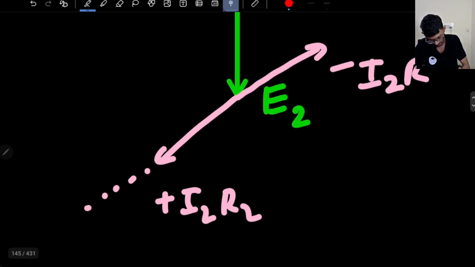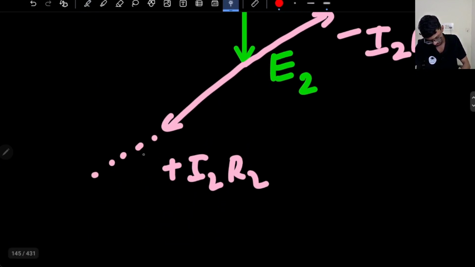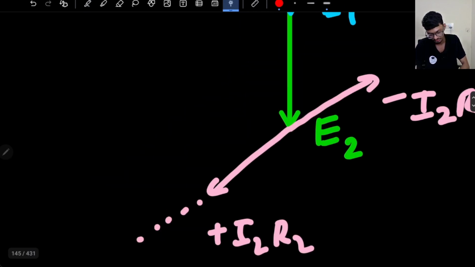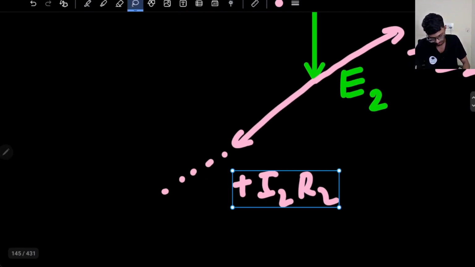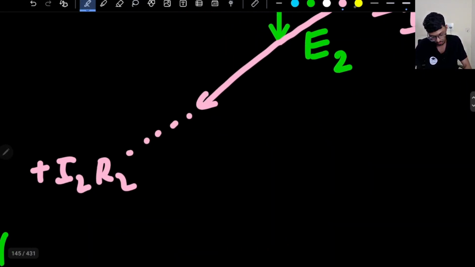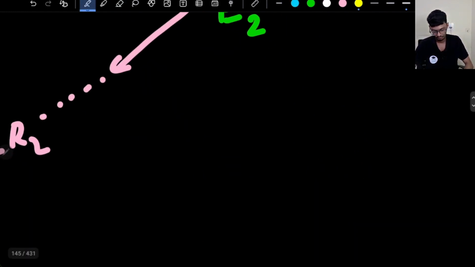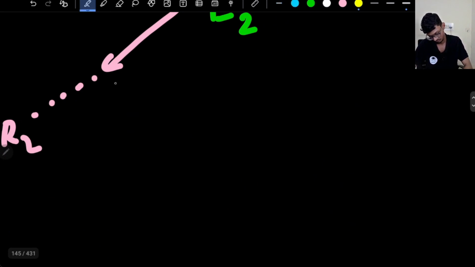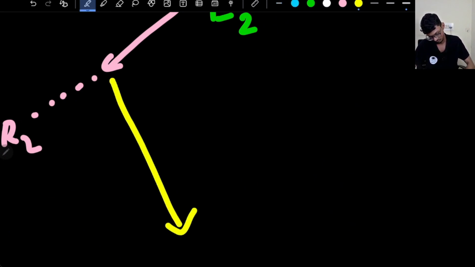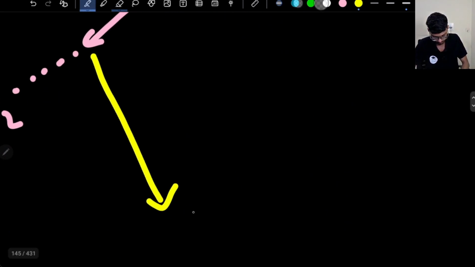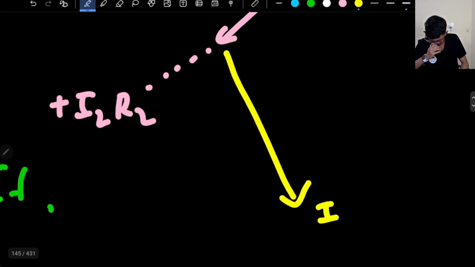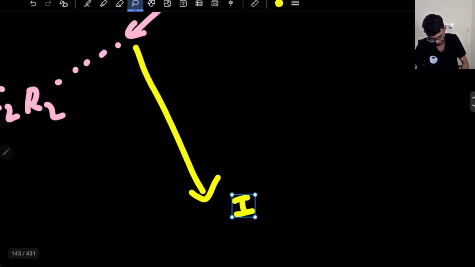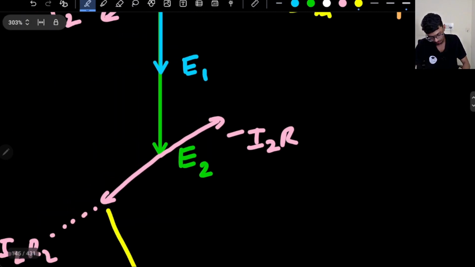Adding positive angle means I will move in the clockwise direction, so this will be plus j I2 into X2. Now what about here?